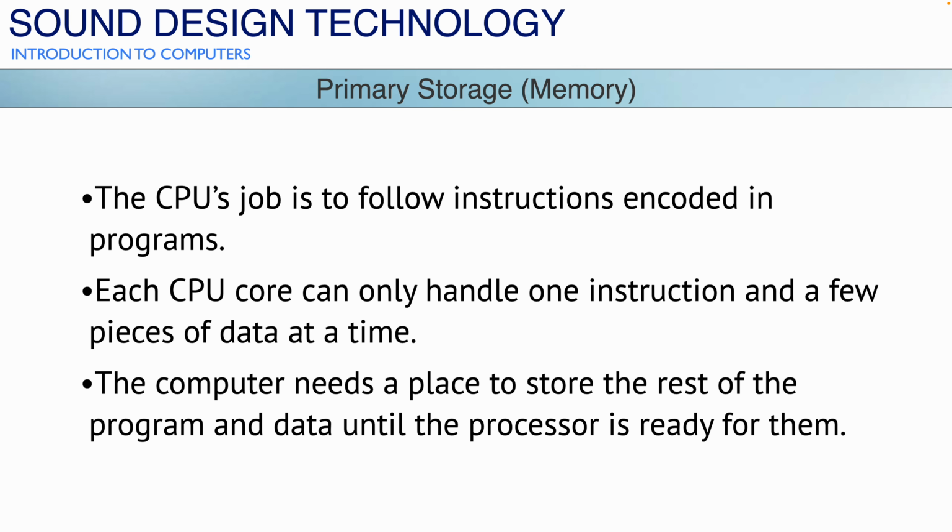That sounds kind of limiting, right? But remember, it can do this millions of times a second. Doing one thing at a time sounds slow unless your one thing at a time is 4 million times a second.